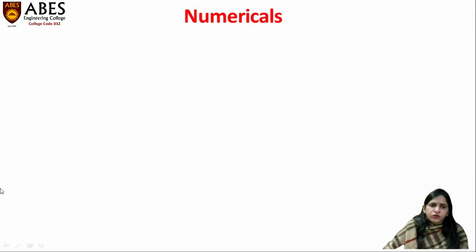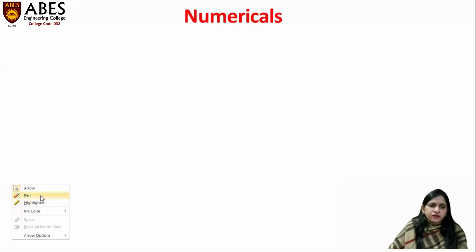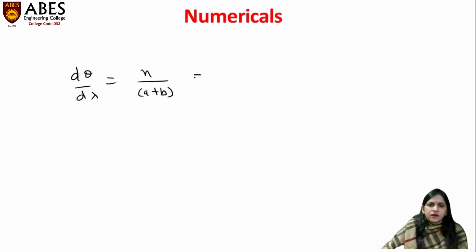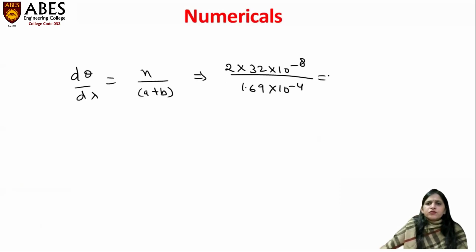And what is the formula of d theta upon d lambda? Very right, it is n upon A plus B. And which order are they asking? They are asking for second order, so n is 2. So 2 into 32 into 10 to the power minus 8 upon 1.69 into 10 to the power minus 4. When we solve it, we get 3.78 into 10 to the power minus 4 radian.